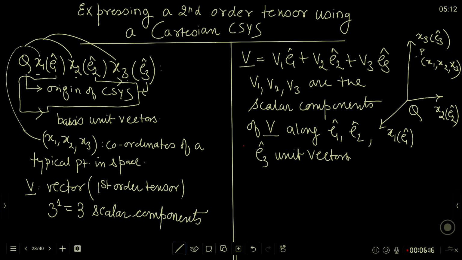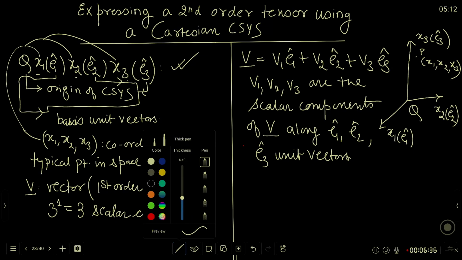Now suppose somebody else enters the room and he says that I do not want to have this coordinate system as my working coordinate system. I want to have a different coordinate system, like what I am going to draw now.